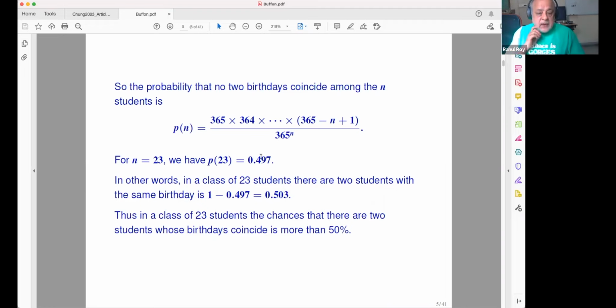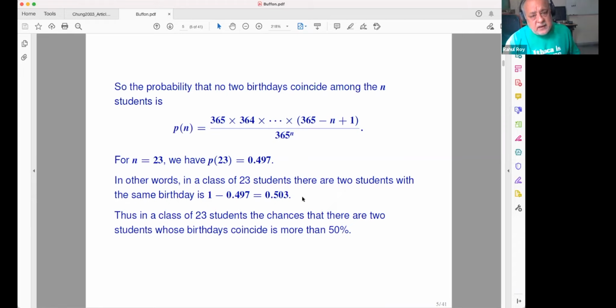In other words, in a class of 23 students, the probability that there are at least two students with the same birthday is exactly 0.503, which is 1 minus 0.497. Thus, in a class of 23 students, the chances that there are two students whose birthdays coincide is more than 50%.